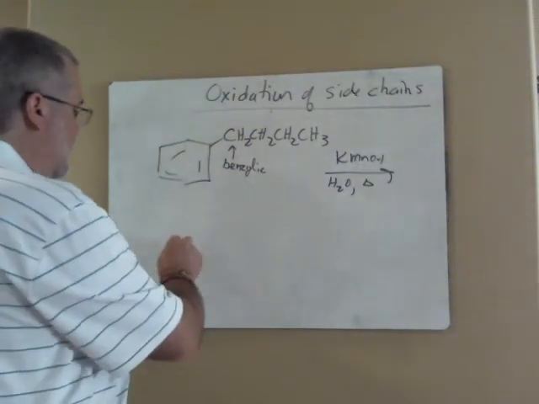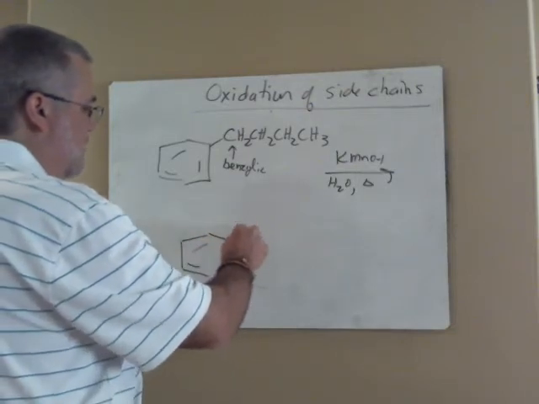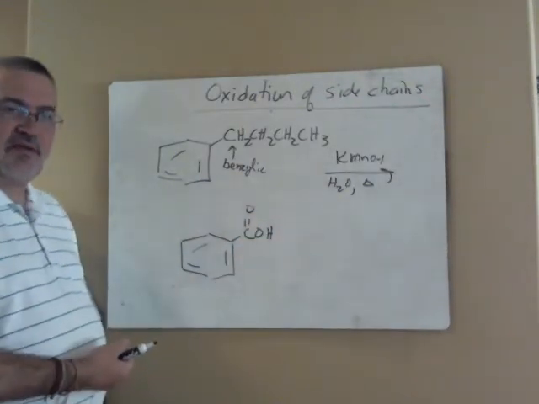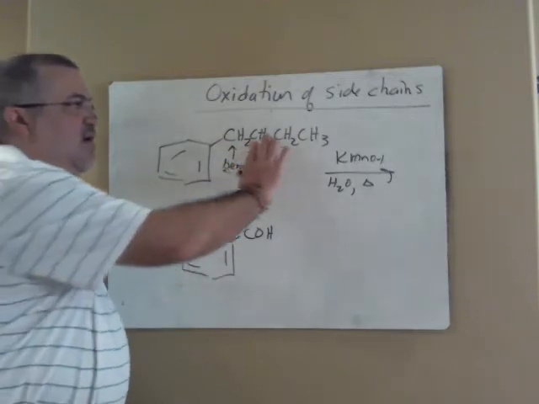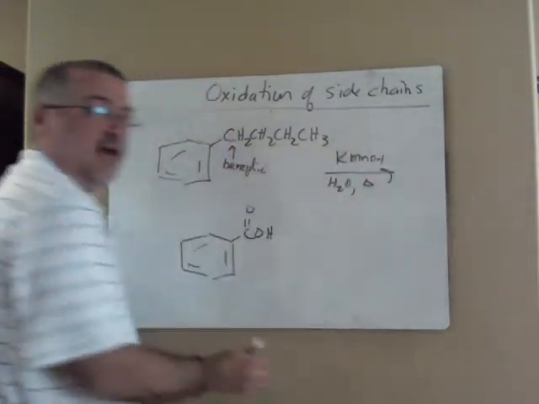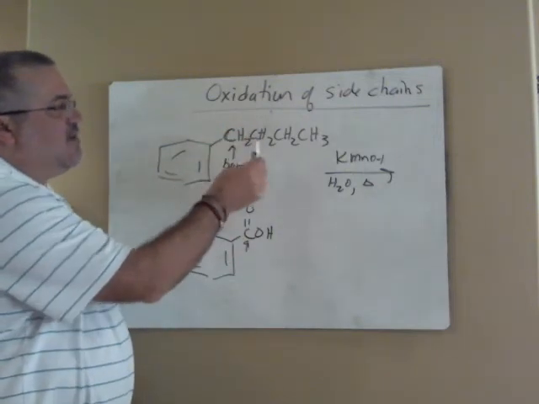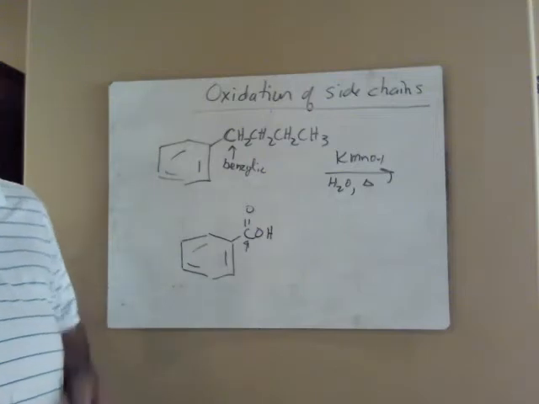And so what it's going to do is, I like to think about it as an oxidative cleavage, because it gives the carboxylic acid, and it always gives benzoic acid. It doesn't matter how many carbons are out here. It's only that benzylic carbon that gets oxidized, and you lose any other carbons that are attached.